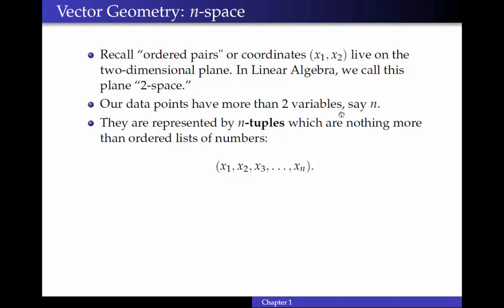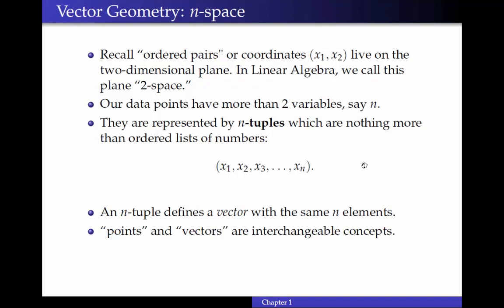I can't do that when I have n variables. So an n-tuple simply defines a vector with those n elements. The idea of a point and vectors are interchangeable concepts. So what I'm claiming here is that this point that we used to think about on a plane is really a vector with 2 elements.